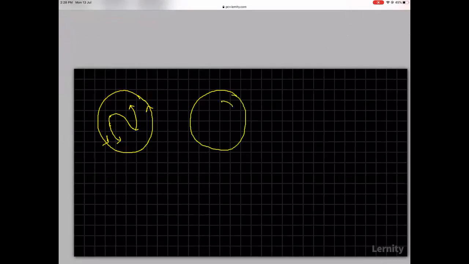If there is a clockwise current, you get a south pole. So anti-clockwise is north pole, clockwise is south pole.